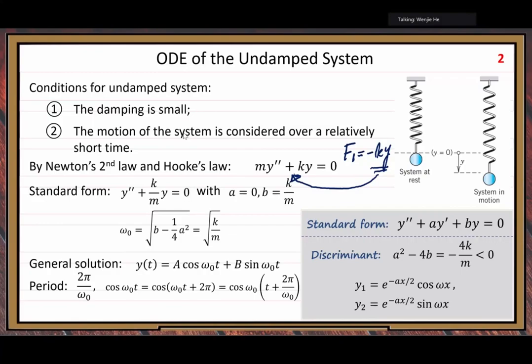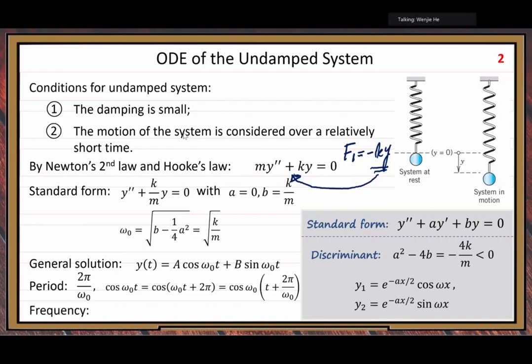So if we add 2 pi on top of this omega 0 t, same value. But in order to get a period, we need to factor out omega 0. So inside the parenthesis, t plus 2 pi over omega 0, we get a period.